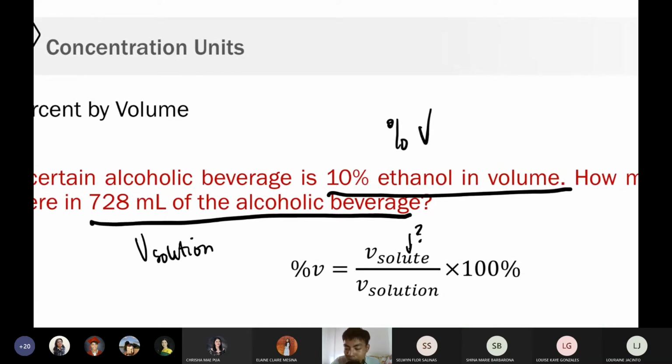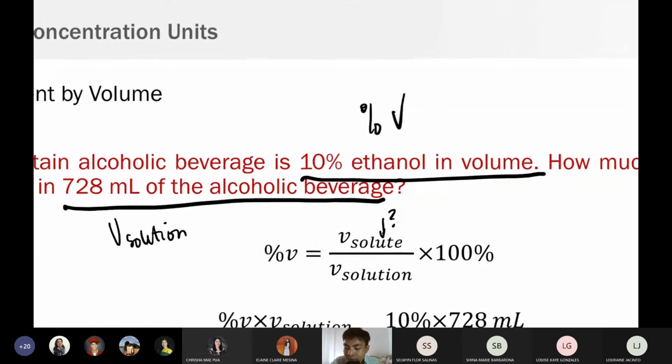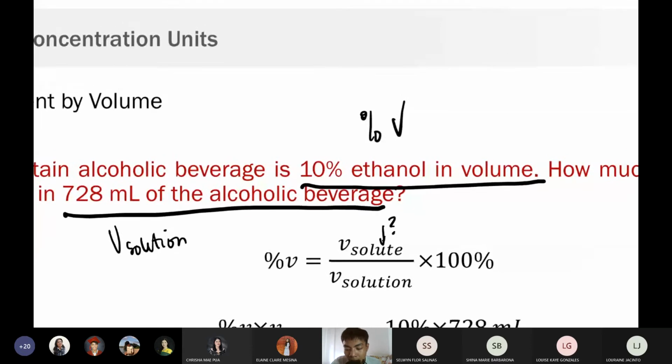Okay. So, we have to look for this one. Sabi sa algebra, if you are solving for an unknown, it should be left, no? Kailangan matira siya without any variables around it, no? Kaya ina-isolate natin yung term na unknown. Diba kaya nga usually x is equal to something, okay? Yung unknown nasa left, yung known quantities nasa right, diba? Okay, so ganun gagawin natin. So yung solute, may kasama yung 100% and V solution.